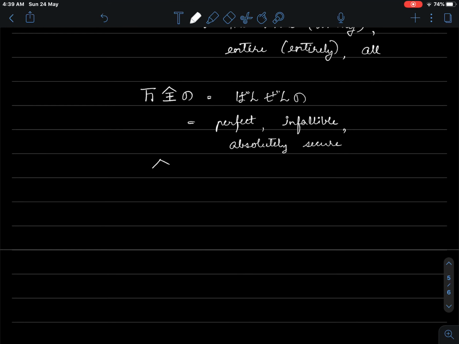Okay, and this is how we write the two kunyomis that we saw. So this is mattaku, which means entirely or utterly.